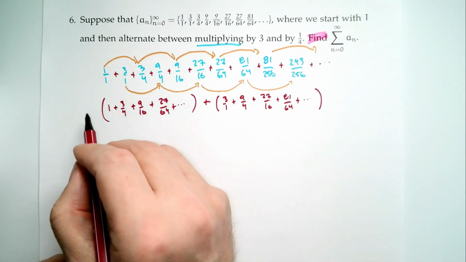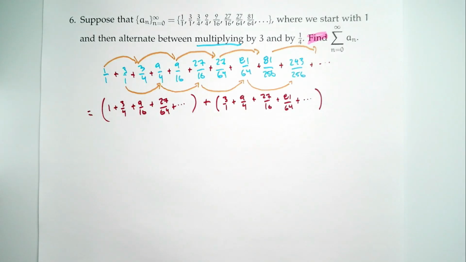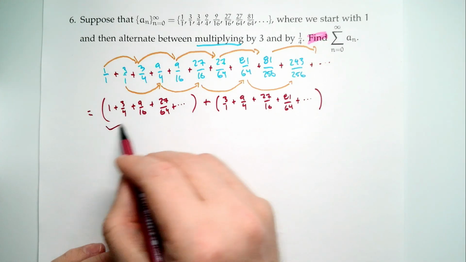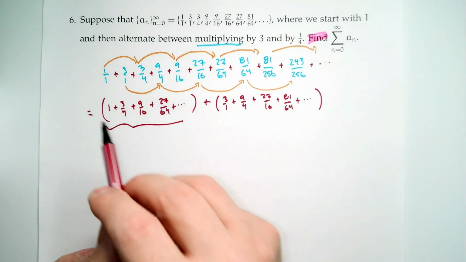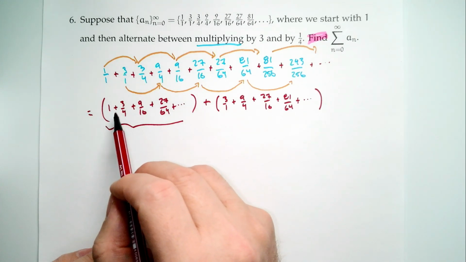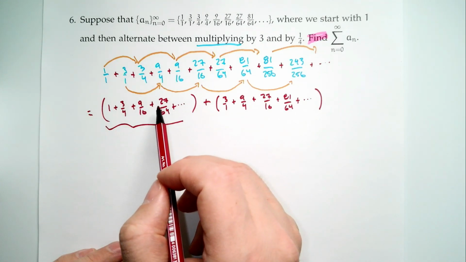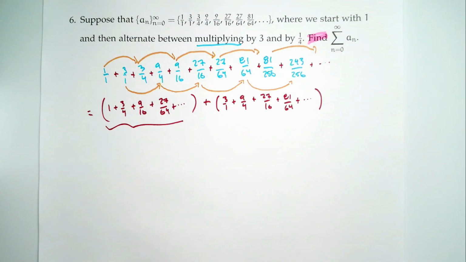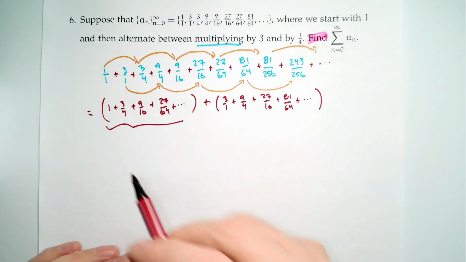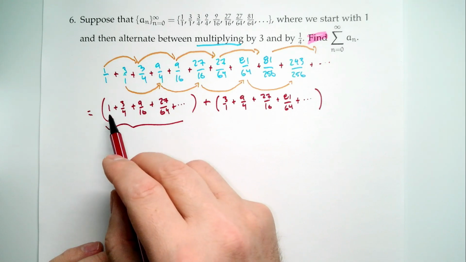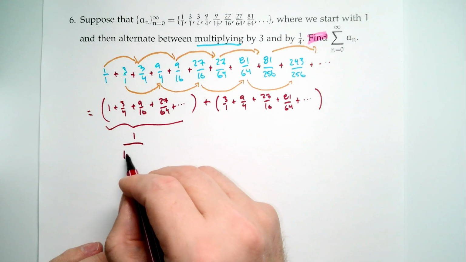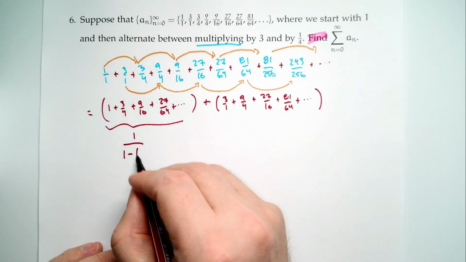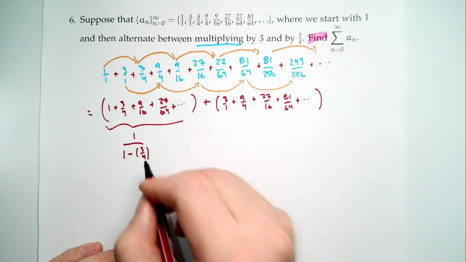Now, each one of these is a geometric series. What happens to the first one? Does it converge? You check, what are you multiplying by at every stage? You're multiplying by 3/4. And since what you're multiplying by is less than 1 in size, it will converge. The first term is 1, so you get 1 divided by 1 minus what you multiplied by, which is 3/4.